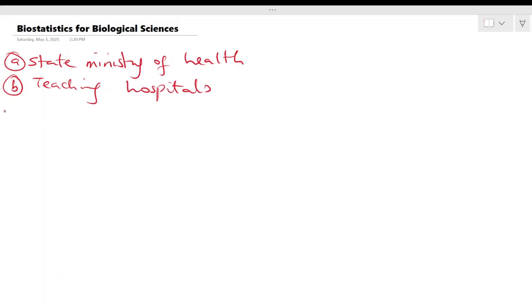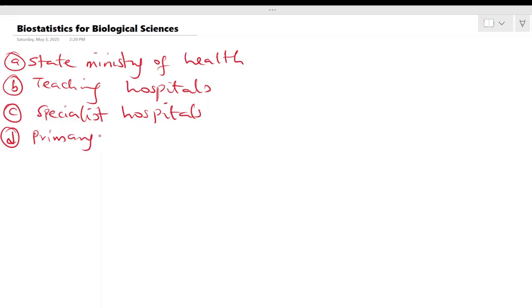Then number 3, or C, you also have them obtaining this routine information from specialist hospitals. Alright, number 4, which is D, we also have this information coming from the primary healthcare centers.